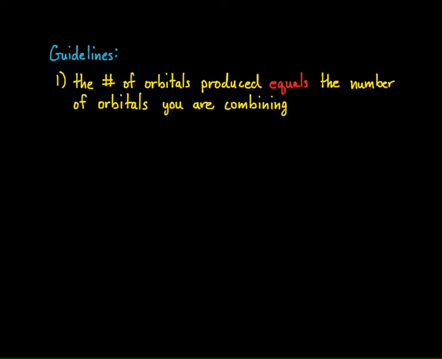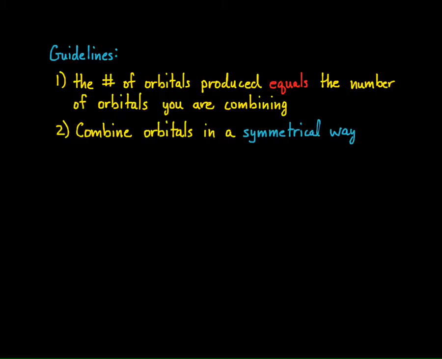So if I take two orbitals, I combine them, I always get two new orbitals. And one can be bonding and one can be antibonding. If I take three orbitals, I always get three new molecular orbitals. The second guideline is always combine orbitals in a symmetrical way, such that their signs line up, okay? That they are in phase with one another.